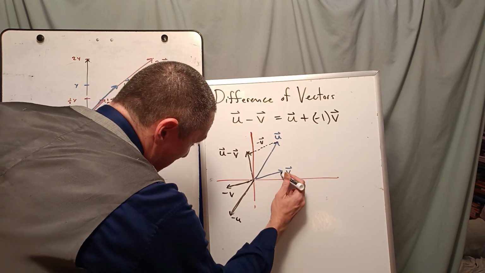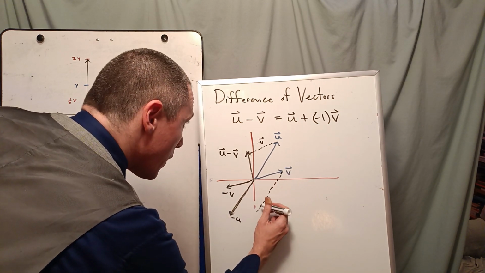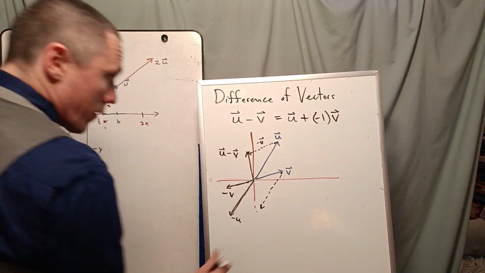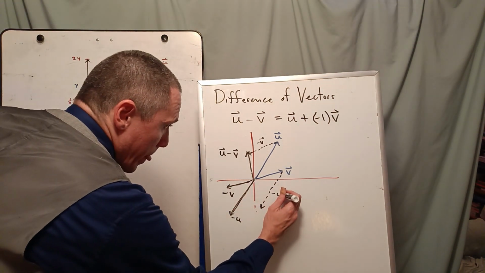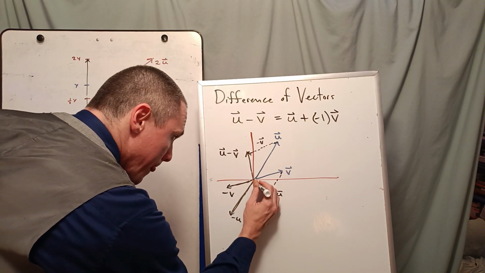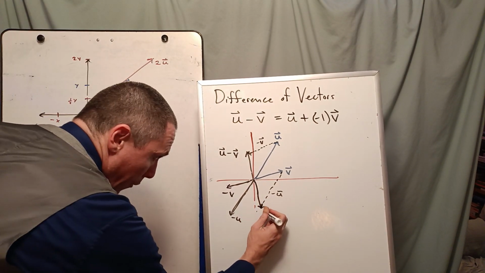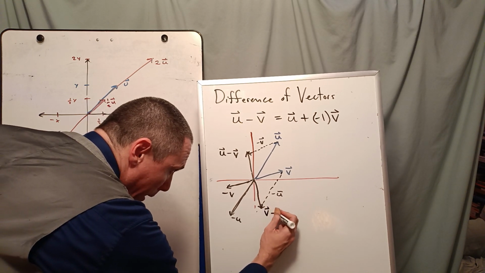And we did that backwards from v, we'd get something a bit different. That would be v minus u.